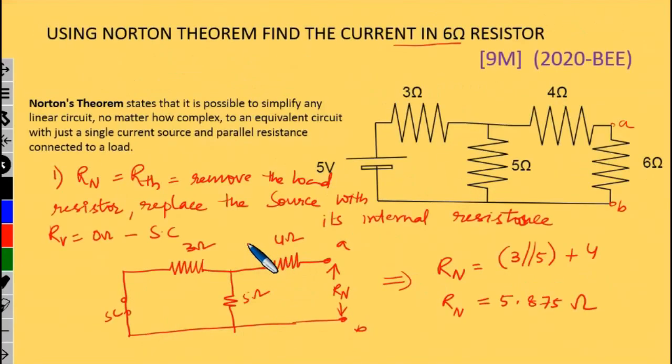So what have we done? For any circuit, to find the Norton equivalent, we first find the Norton resistance, which is similar to the Thevenin resistance. That is, we remove the load resistor and replace all the sources by their internal resistance, and find the value of the Norton resistance across the terminals AB.